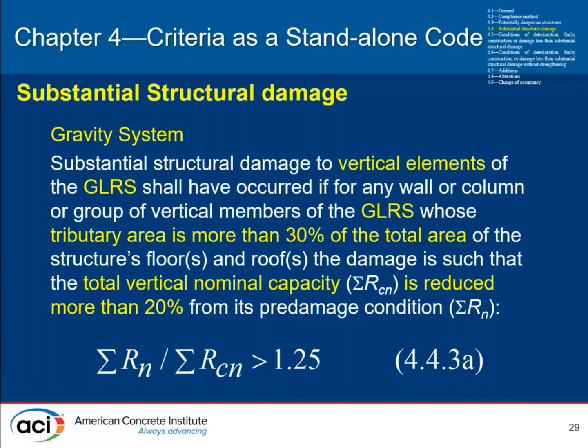So we have a similar ratio to the one we were calculating previously, the sum of the capacities of the undamaged members divided by the sum of the capacities of the damaged members. And if that ratio exceeds 1.25, then that would be a gravity load resisting system with substantial structural damage.